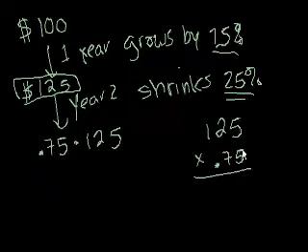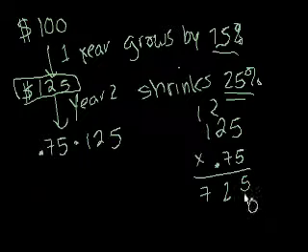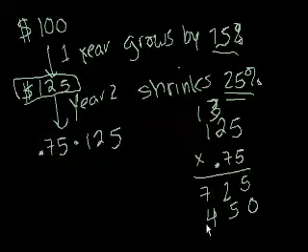So if 125 shrinks by 25%, it's now 75% of 125, or 0.75. Let's do the math. 5 times 5 is 25. 2 times 5 is 10, plus 2 is 12. 1 times 5, 5. Okay. 7 times 5 is 35. 7 times 2 is 14, plus 3 is 17. Sorry, 7 times 1 is 7, plus 1 is 8.